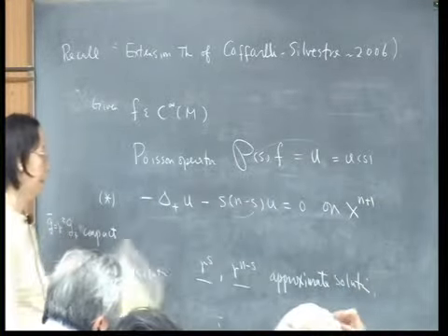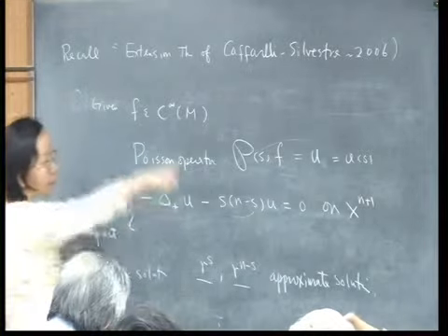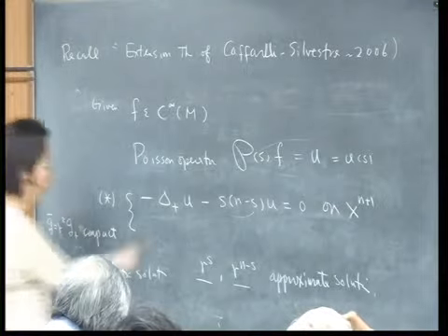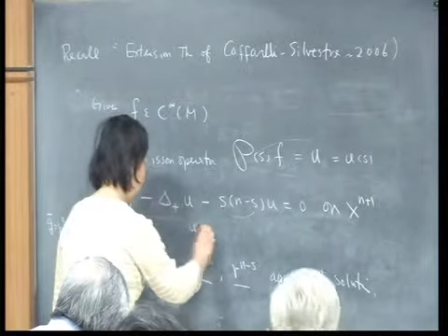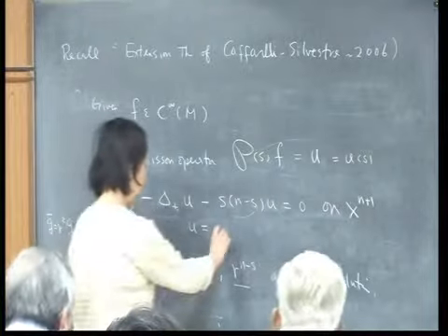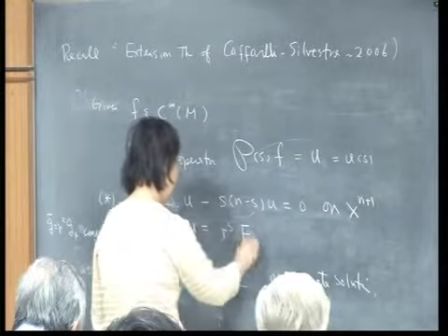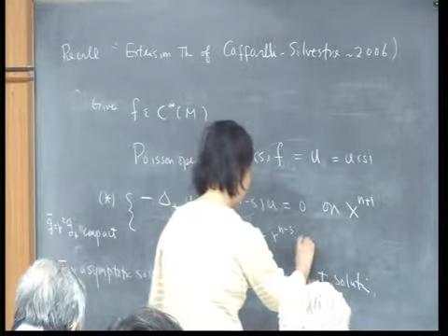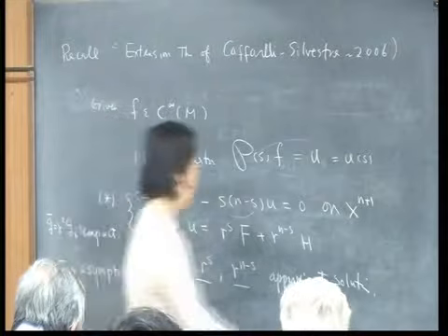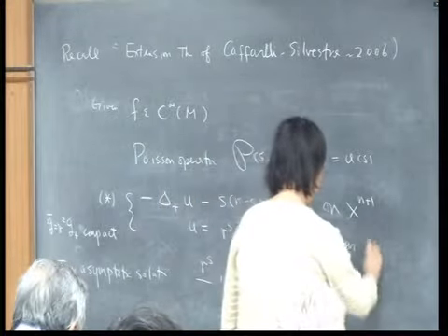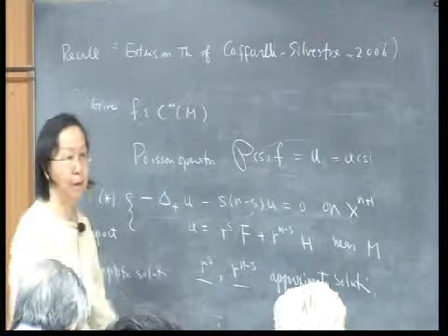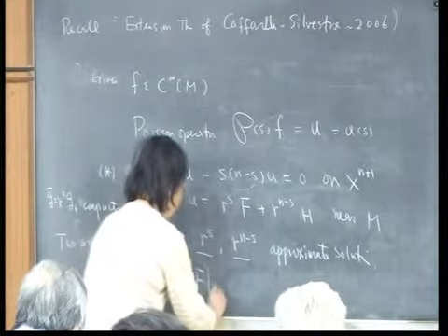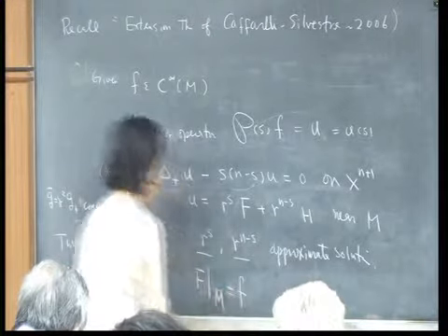And then what the theory, the main result of Melrose and so on, says is that the general solution u can be written as r to the s power times F plus r to the n minus s times another function H, near M, near asymptotic infinity, with F restricted to the boundary of M being the given f.